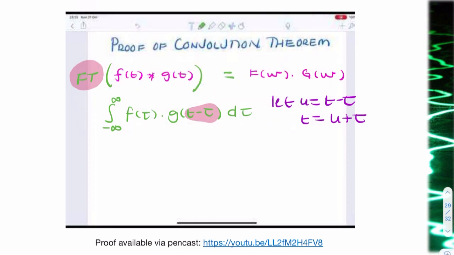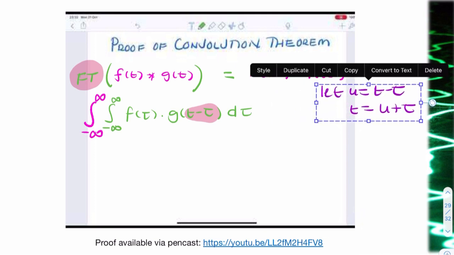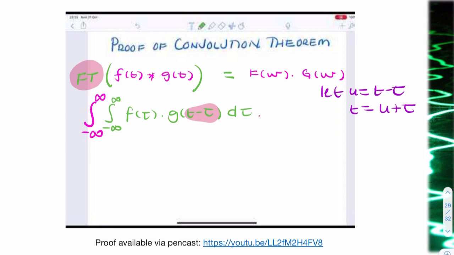Fourier transform is simply an integral from minus infinity to infinity multiplied by e to the minus i omega t, we can now rearrange these integrals.